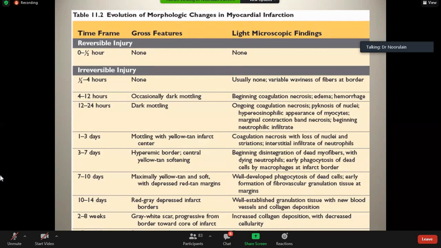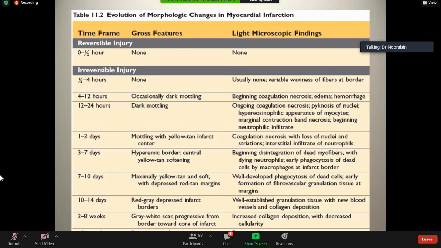there is neutrophilic infiltration. At 1 to 3 days, a yellow infarct, and coagulation necrosis with loss of nuclei. At 3 to 7 days, there is yellow-tan softening, and the beginning of disintegration of dead myofibers, and phagocytosis occurs at 3 to 7 days. At 7 to 10 days, there is well-developed phagocytosis of the dead cells, and early formation of fibrovascular granulation tissue occurs.